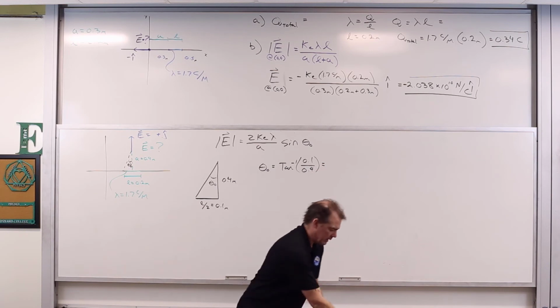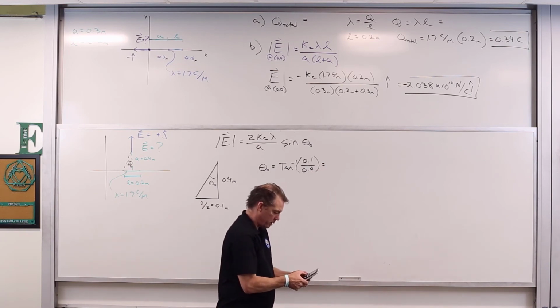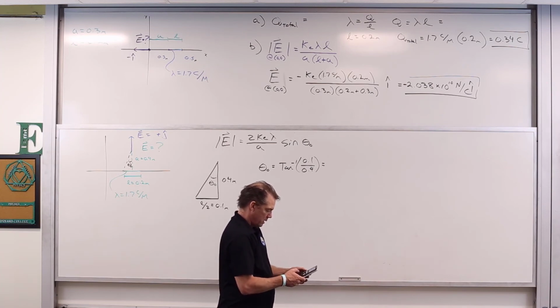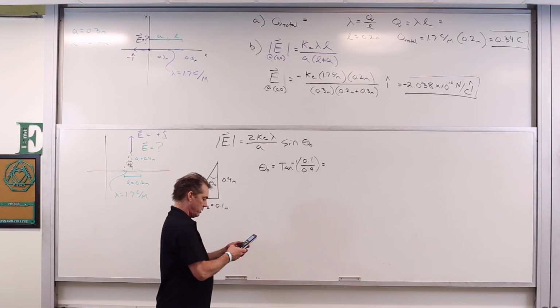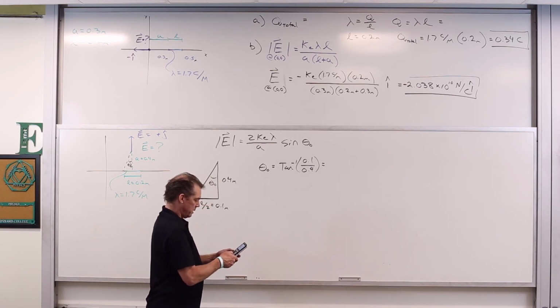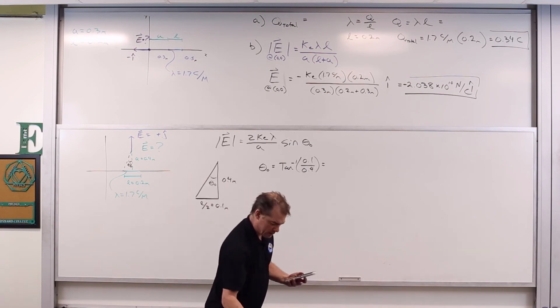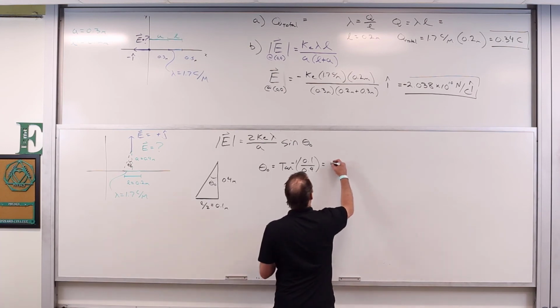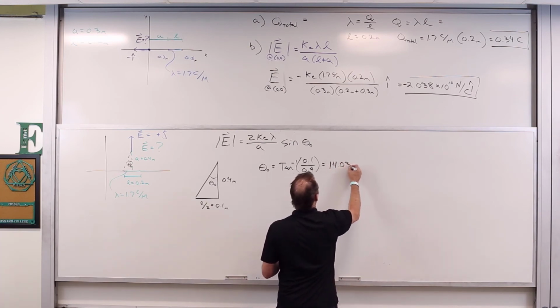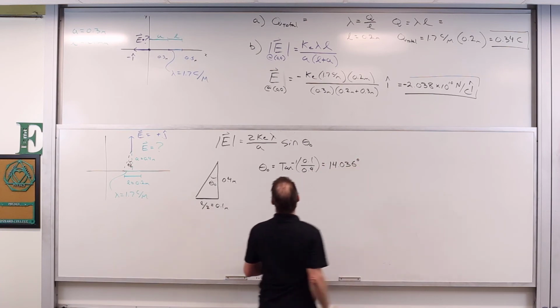And working in degrees here, let me make sure I'm in degrees, which I'm not. We've got ourselves arctangent 0.1 divided by 0.4 gives us 14.036. That sounds good. 14.036 degrees.